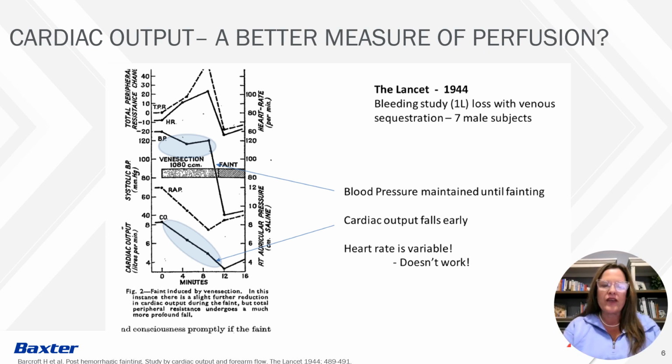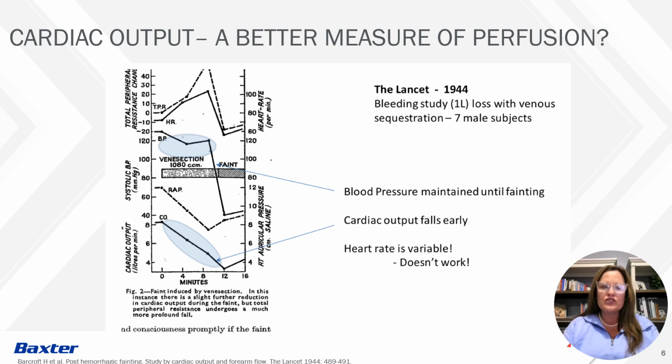So let's think about that. Why does blood pressure maintain in a patient who is losing blood? Well, what happens to us when something like that happens? What happens to our blood vessels? They start to constrict, right? So our blood vessels are constricting. When our blood vessels constrict, that's trying to help maintain blood pressure to keep organs perfused.